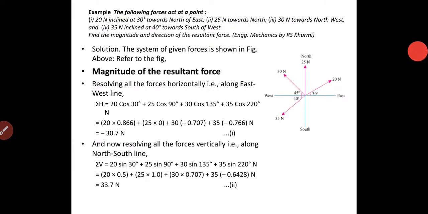Here, take another problem. This is a coplanar concurrent force system, constituting 20 Newton, 25 Newton, 30 Newton and 35 Newton, four forces making angles from the eastern side, that is the horizontal eastern side, of 30 degrees, 90 degrees, 135 degrees and 220 degrees.